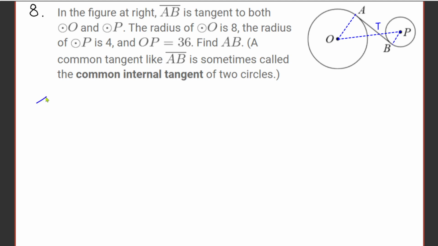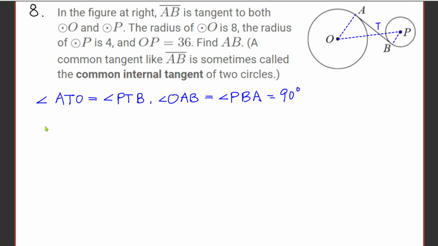Since angle ATO equals angle PTB, and angle OAB equals angle PBA equals 90 degrees, we have triangle AOT similar to triangle BPT by AA similarity, right?